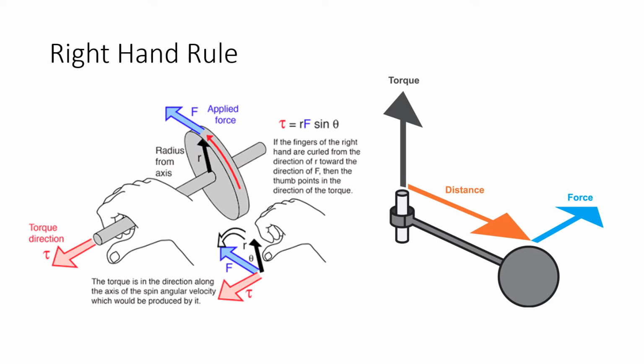So, a brief, really rough intro to the right-hand rule. I'm going to get more to this next class. That's like a 3D picture. It's like distance, force. So torque is pointing up.